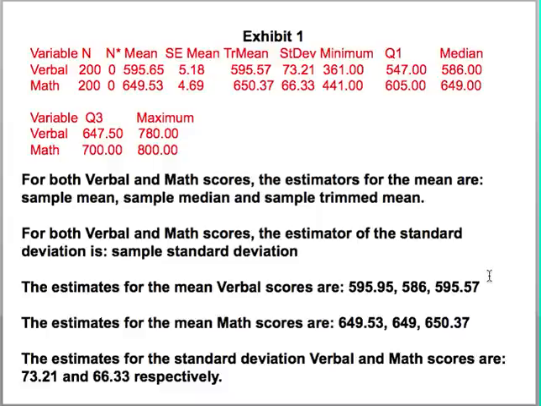The trimmed mean would be 595.57. The estimates for the math mean, similarly, we'll read from the table. And the estimates for the standard deviation of the verbal and math scores are given here, 73.21 and 66.33.